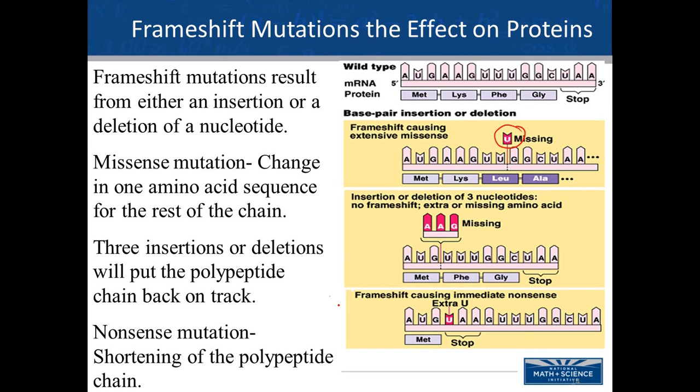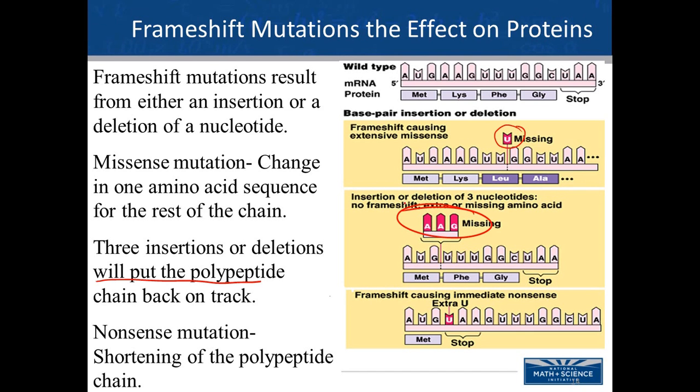And so if you keep deleting or inserting until you get 3, what will happen is that's going to put it back on track, if you will. If you have 3 insertions or 3 deletions at the same time, like this one right here, then you're only going to miss 1 amino acid, and that's not going to perhaps be so detrimental.